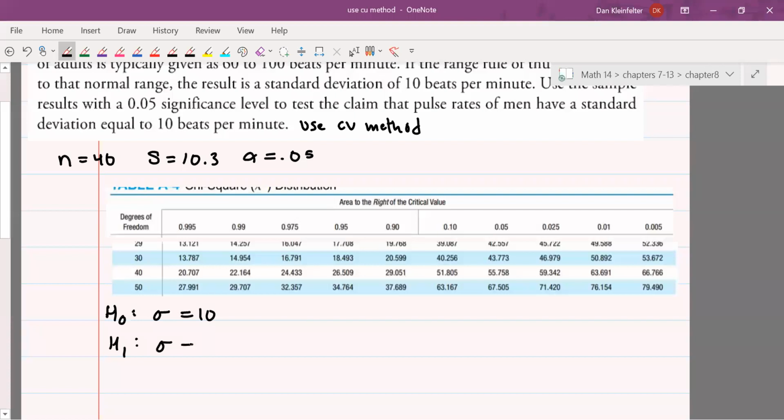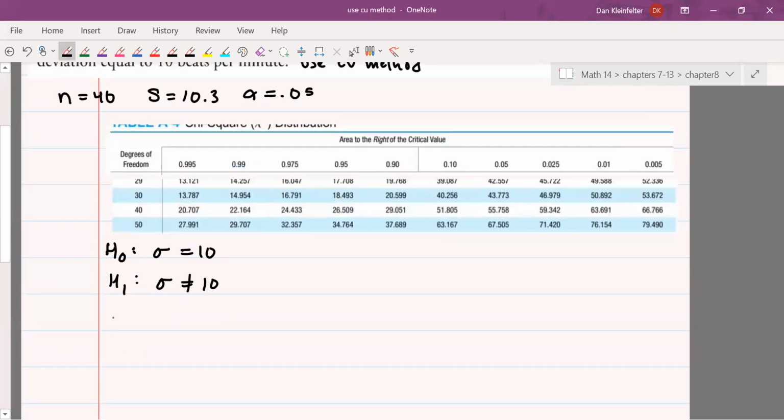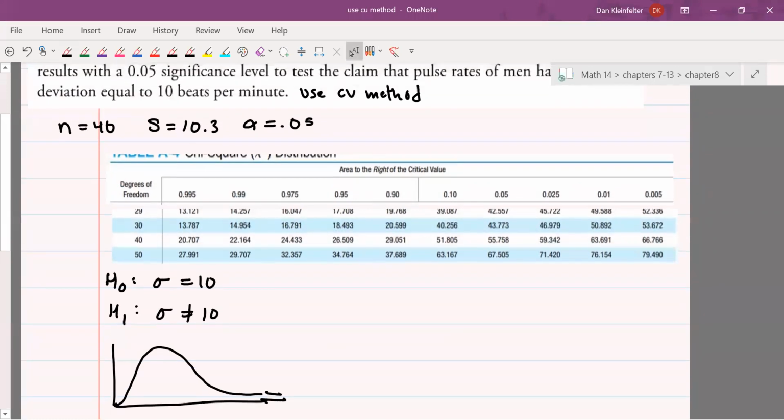So the alternative we'll say is not equal to, so that we have a two-tailed test. Our alpha is 0.05. Since our test is two-tailed, we should have 0.025 in each tail.